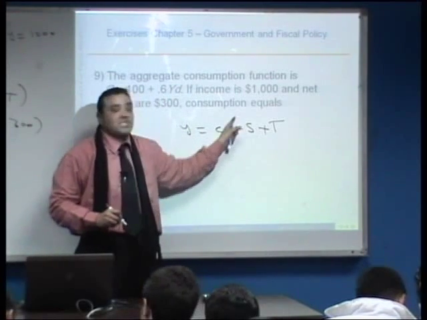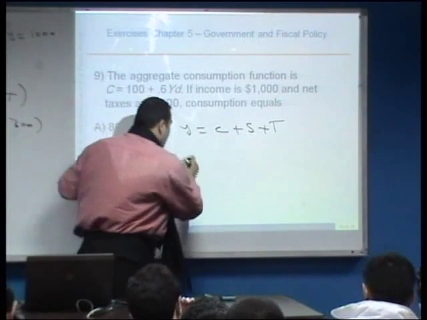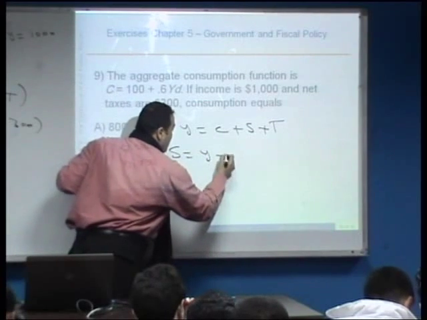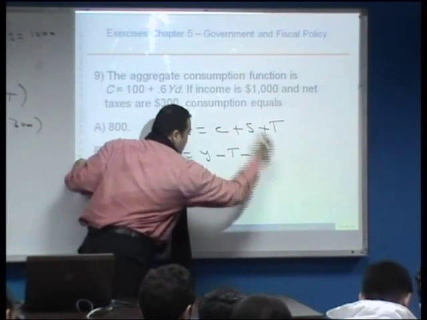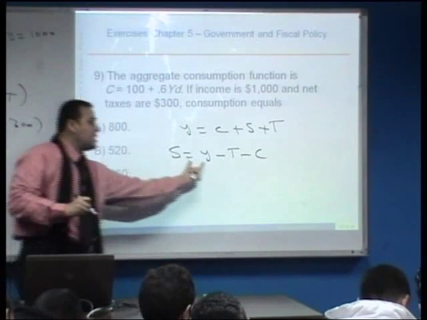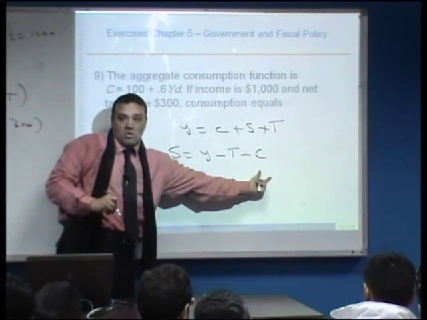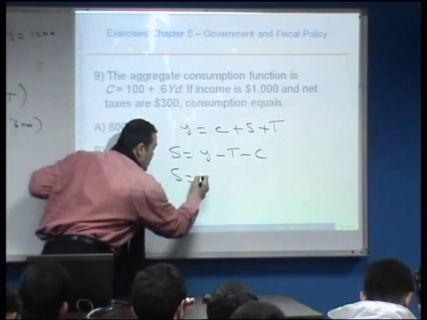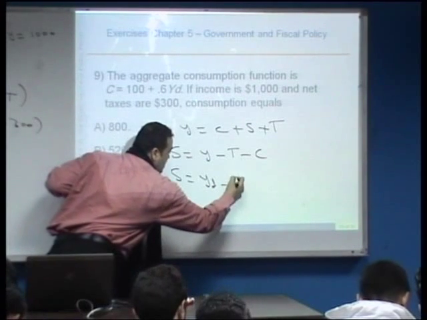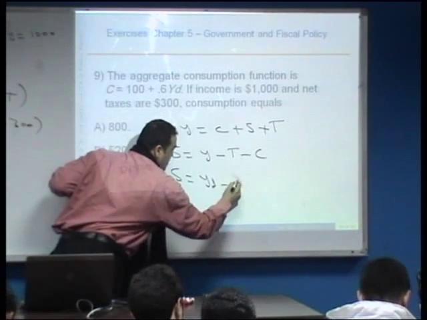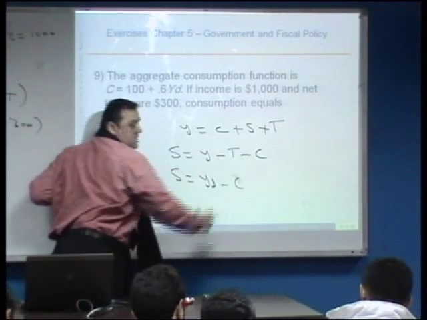So to calculate saving in this case, saving equals Y minus T minus C, or YD minus C.